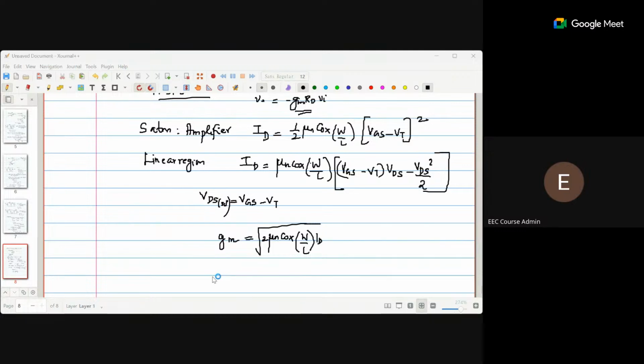Then you have other expressions also. You can refer to the end of week 10, lecture 6. Those will give you the relationship between the device parameters, the drain current, all such things.